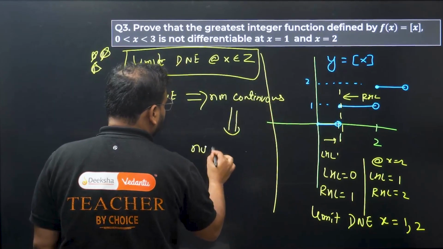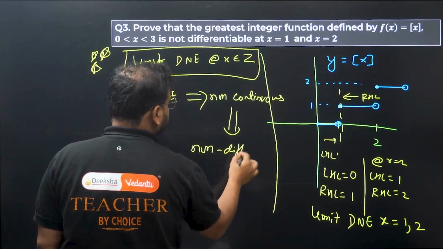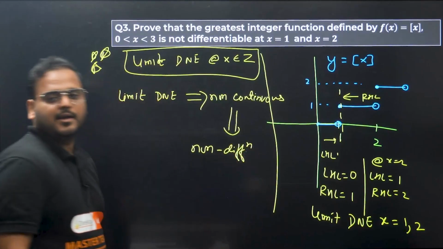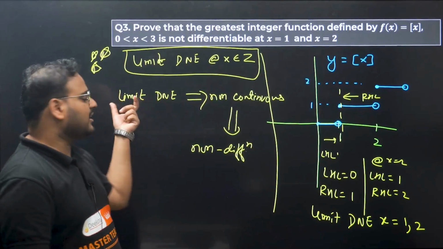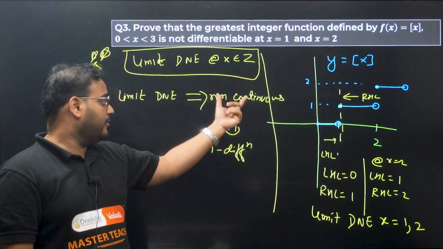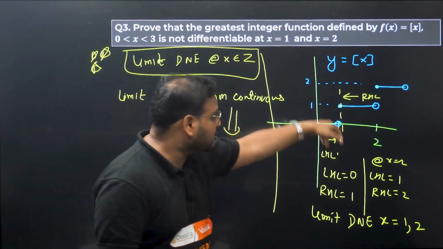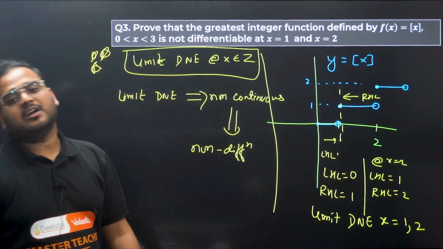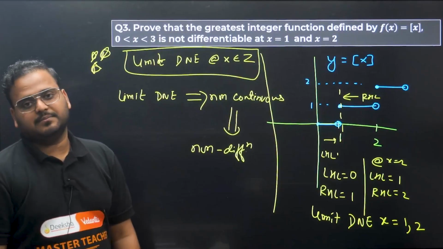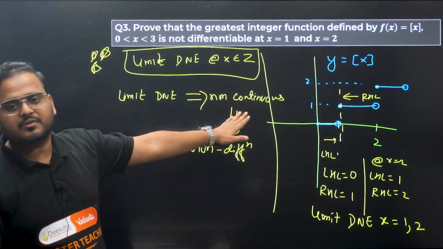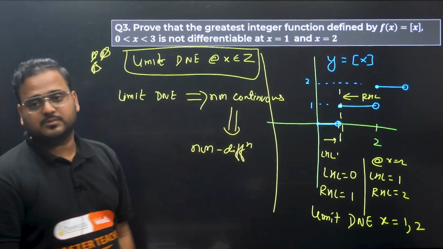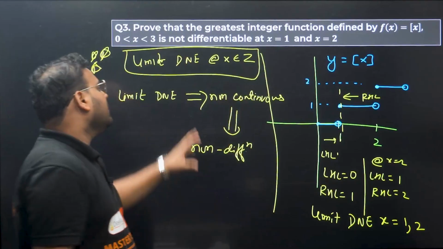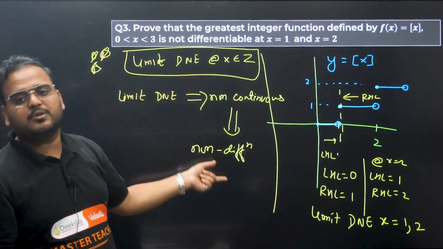Simply non-differentiable. Got it? A function whose limit does not exist will be non-continuous because there is a break in the function, and it will be non-differentiable as well. Automatically non-continuous, non-differentiable. Simple enough. If you remember this property, if it is MCQ, you can simply write the answer directly.